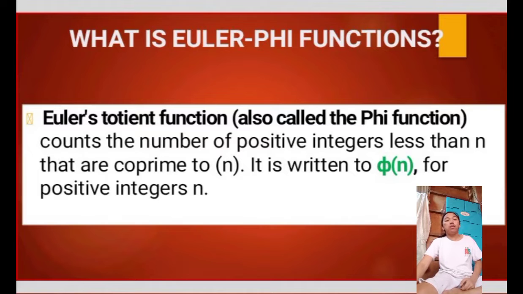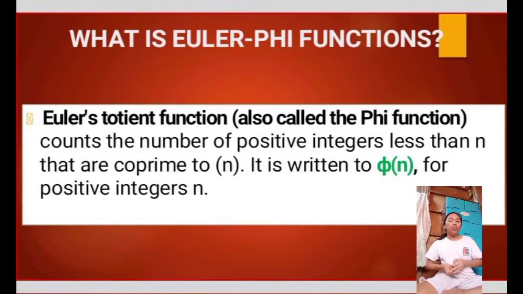It is written as phi of n. Phi of n is the number of positive integers less than n that are relatively prime to n.